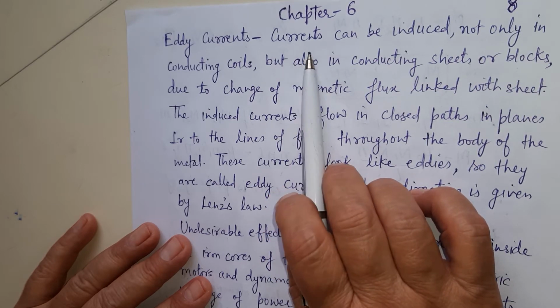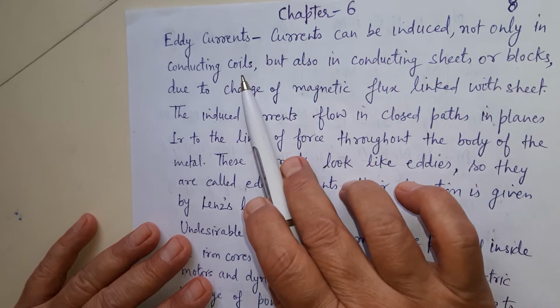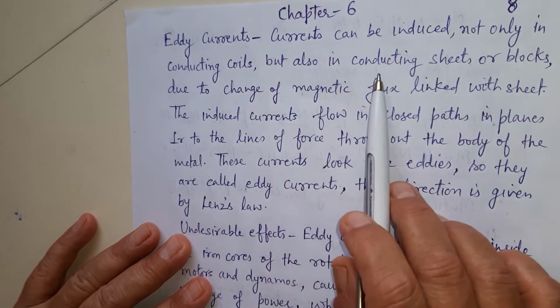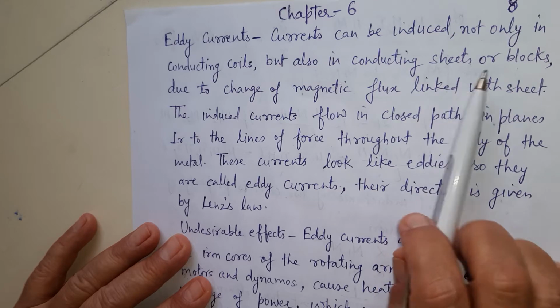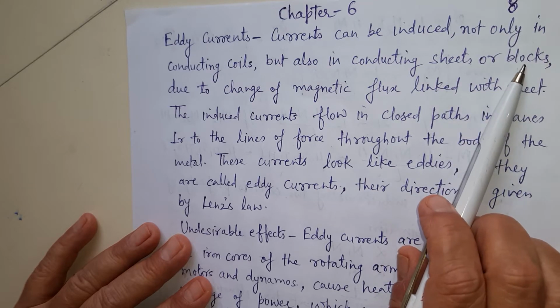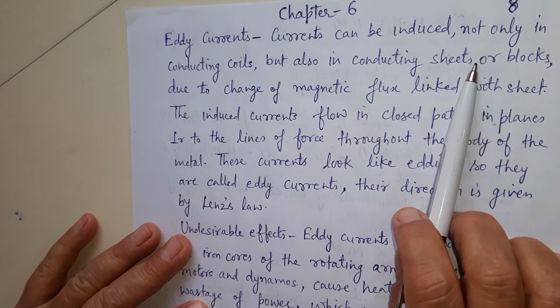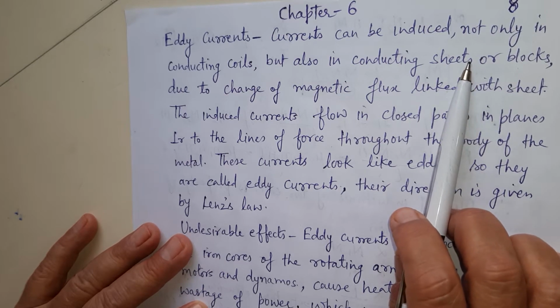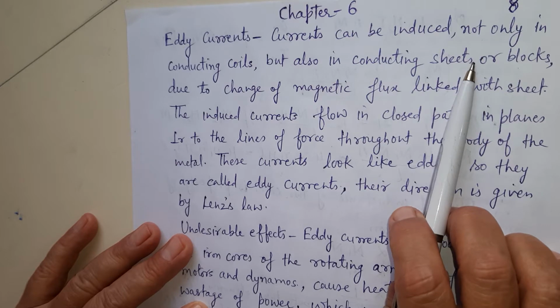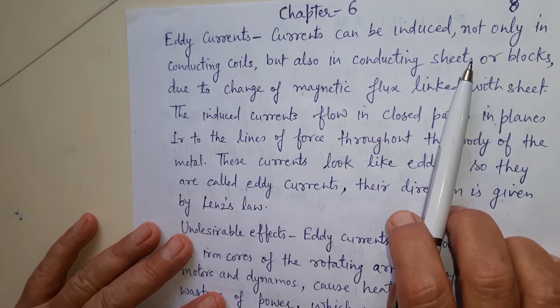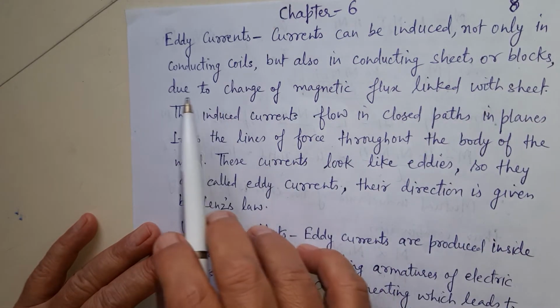So this current can be induced not only in the conducting coil but also in conducting sheets or blocks of metals. If there is some block or sheet of conducting material, there is also induced current. And this induced current is in the form of closed loops.